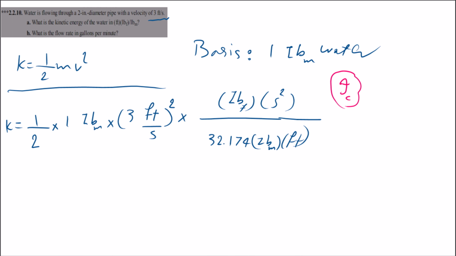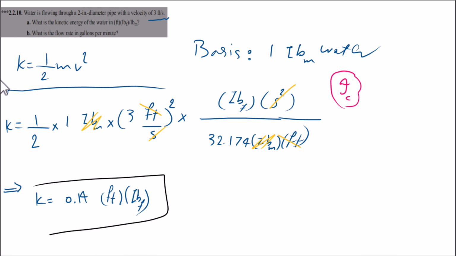In this case, we can see that square seconds will be removed. lbm will also be removed. One of these will also be omitted. So kinetic energy will be calculated as this: 0.14 foot-lbf. This will be the answer of part A.